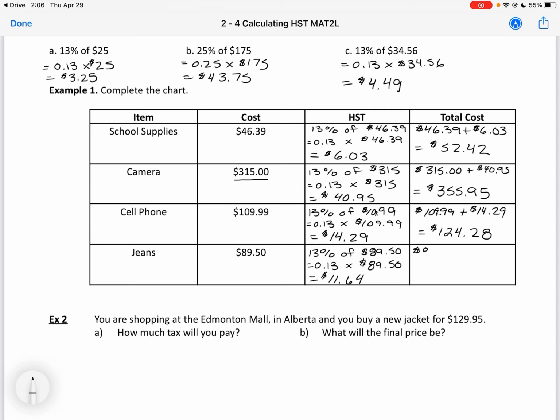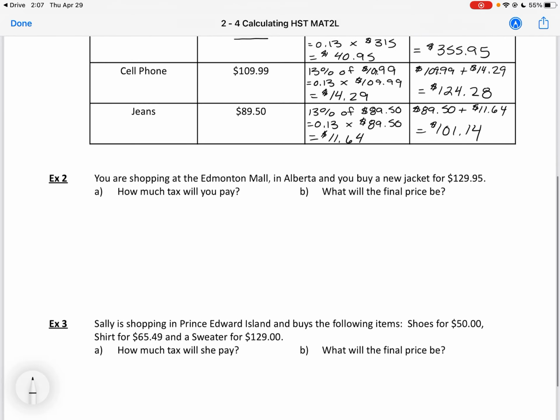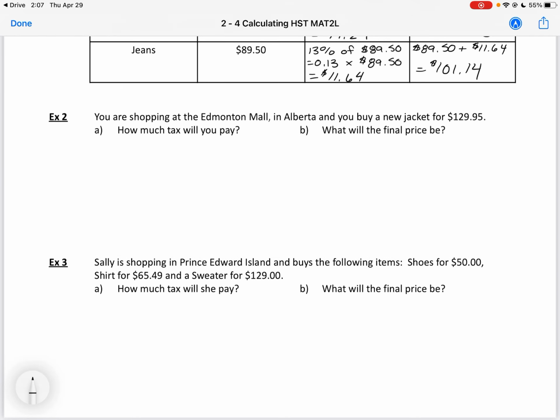And then I'm going to add $89.50, my regular price, and my tax together. To get my total cost of $101.14. So these next two examples are the same, except they're written in words instead of in a table.